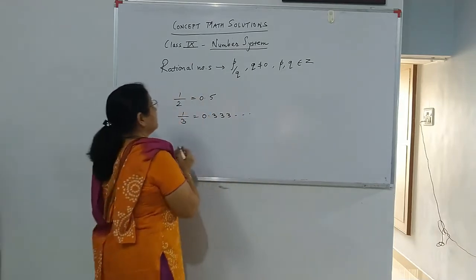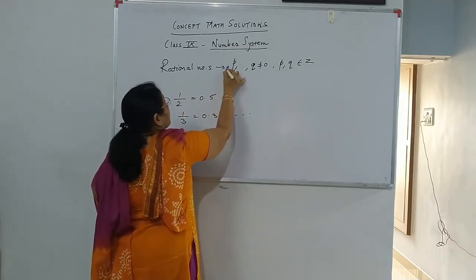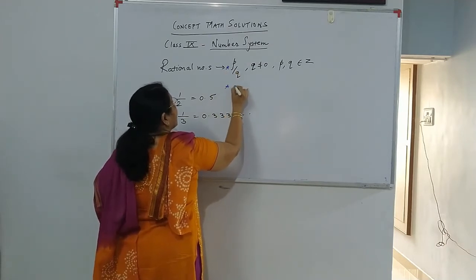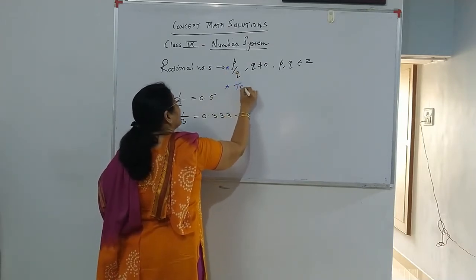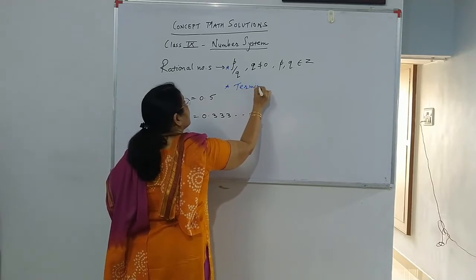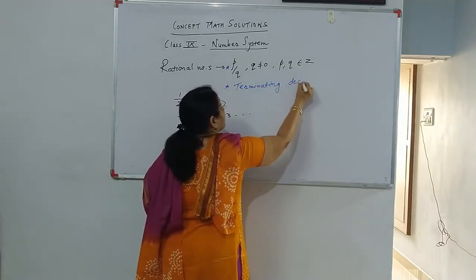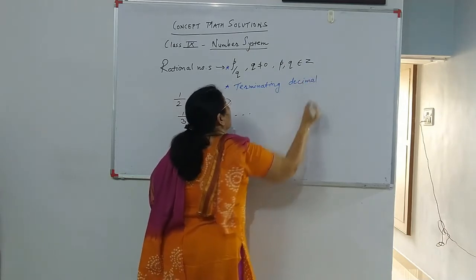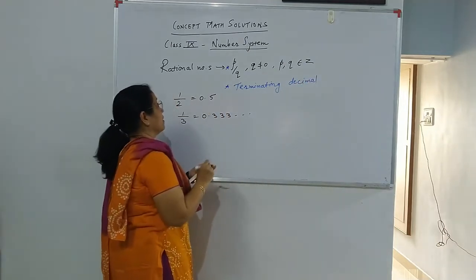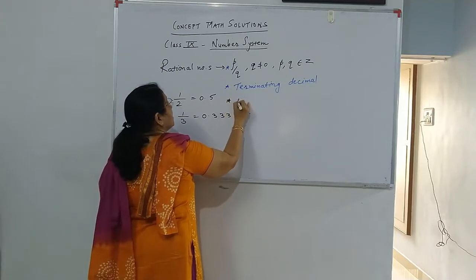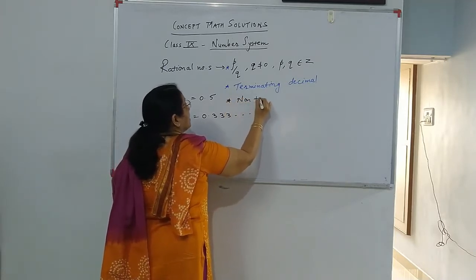The first character is that it can be written in p by q form. Second, it can be a terminating decimal. The third way of writing a rational number is a non-terminating but repeating decimal.